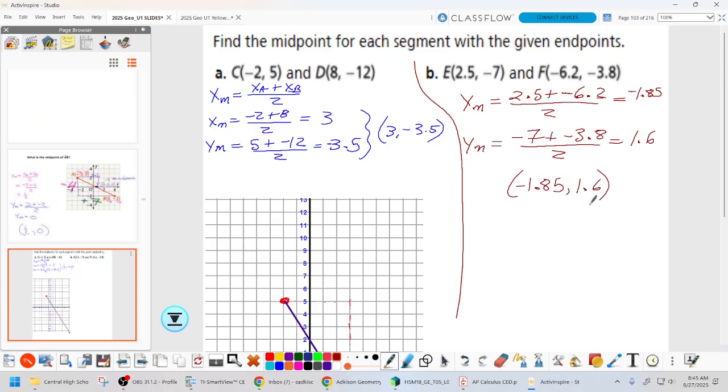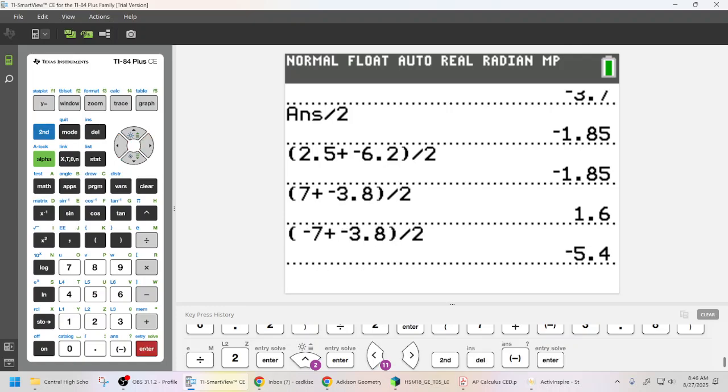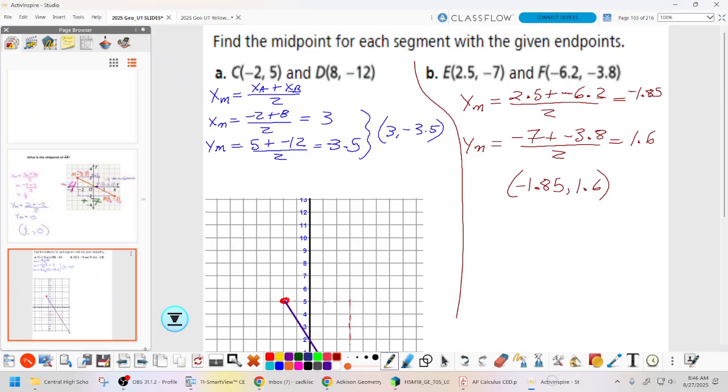But again, those numbers would be weird to graph, and I don't think you could do it with a graph. Ah, did I add it wrong? Yep, sure did. I need to quit talking so much about stuff when I'm trying to type. Negative. So negative 5.4. Thanks for catching these things.